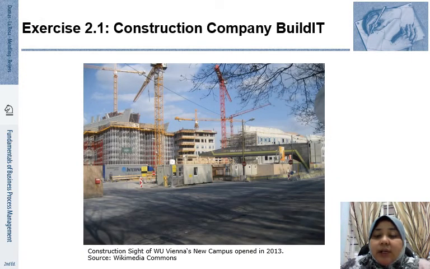Okay, the other day I asked you to do the tutorial, right? You do your tutorial using the procurement and pay process of Build IT. So Build IT is a construction company. It helps to build a university. Here it says the construction site of WU Vienna's new campus in 2013.